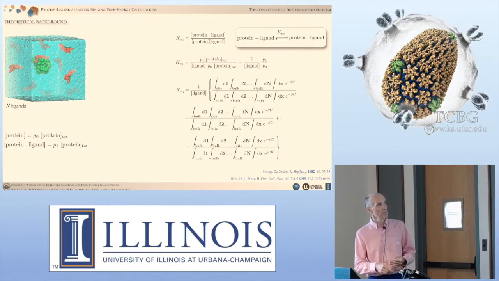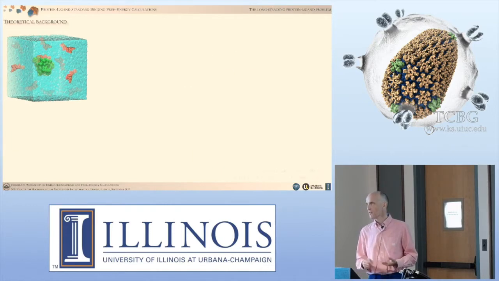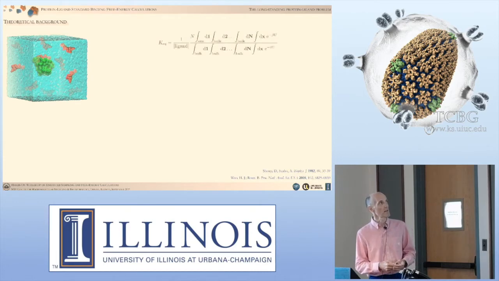So you write this for the N ligands that are in the solution, but by virtue of the fact that the N ligands are indiscernible, you can factorize this, and so you divide by the concentration of the ligand, so you have N over the concentration of the ligand.